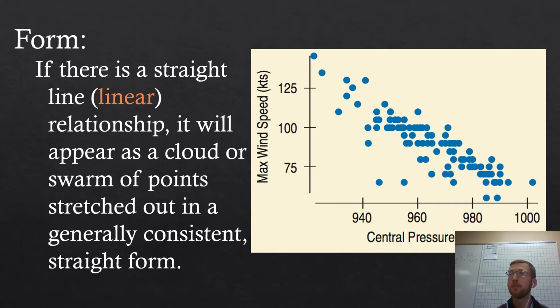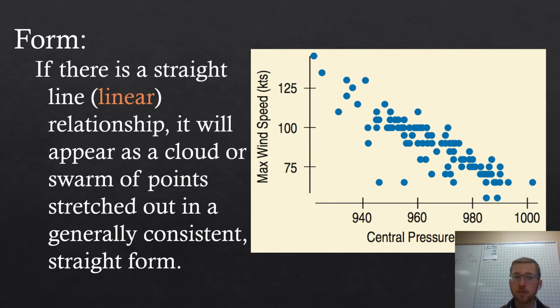Now, when I say form, typically what you can think of that as is what is the shape of our scatter plot? Do we have a curve in our graph? Is it a straight line? Is it kind of exponential? So when I say form, typically we want to know, is it a linear association or is it nonlinear? We could get into more specific, like is it parabolic, is it exponential, and so on.